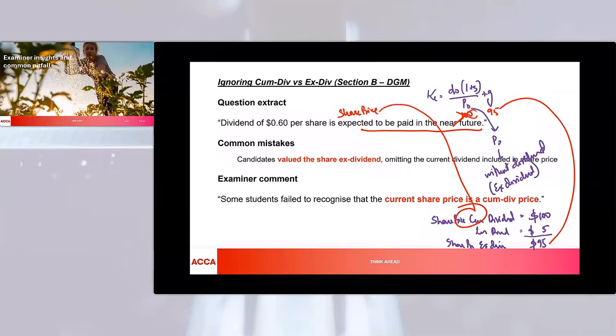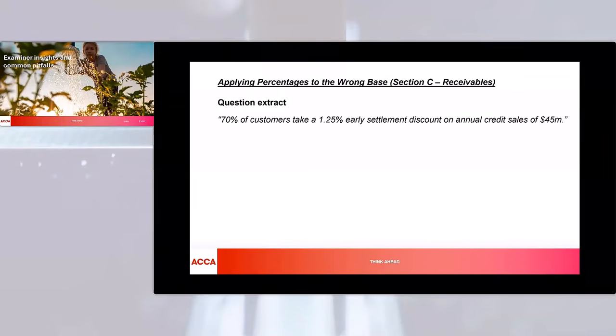Now, in the topic of working capital, especially when you calculate percentages, and when it comes to, let's say, early settlement in receivables management, we have got early settlement discount. Let's have a look at the extract from the question. The extract goes like this: 70% of customers take a 1.25 percent early settlement discount on annual credit sales of 45 million.